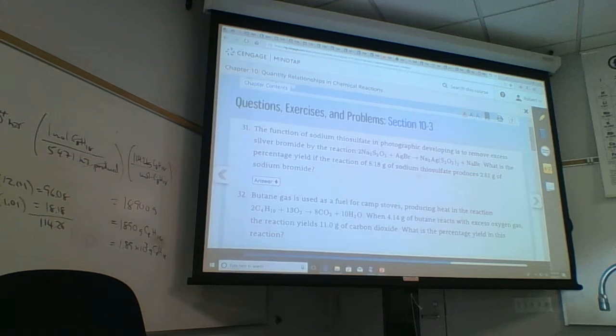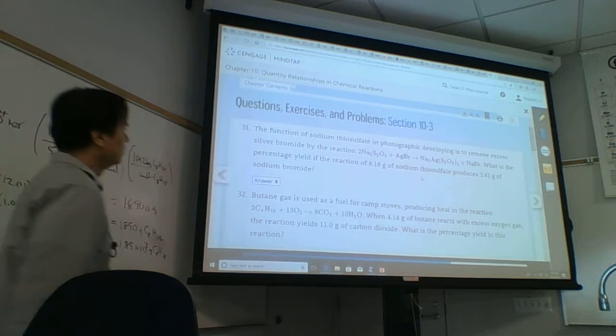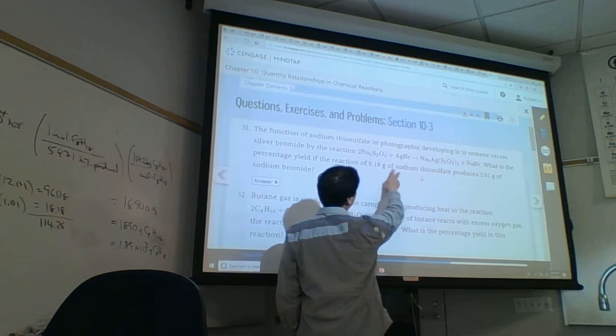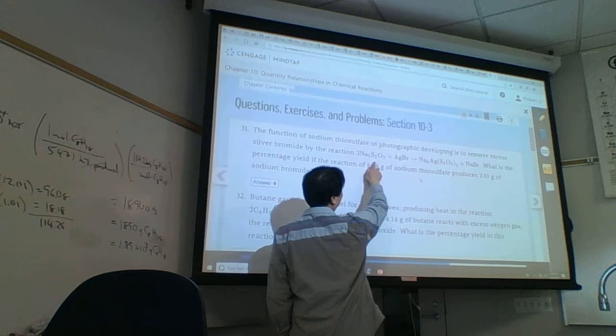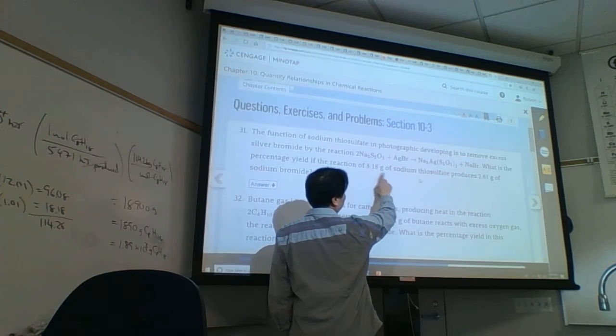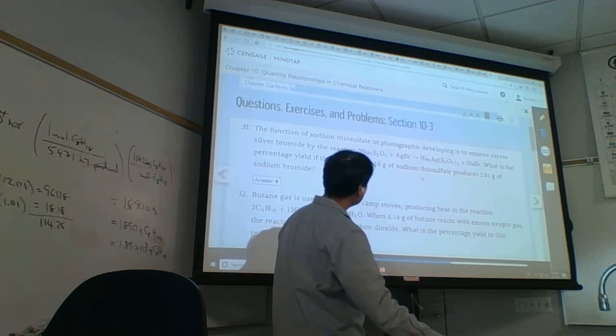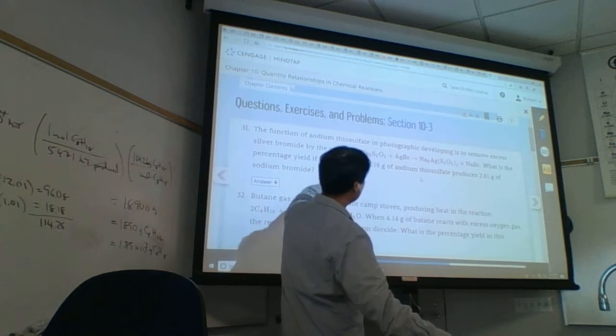Okay, then we have a percentage yield problem. What is the percentage yield? So we got to calculate the theoretical yield. And so 8.18 grams of sodium thiosulfate. This would be sodium thiosulfate here. We're going to produce 2.61 grams of sodium bromide. Okay, so this is the actual yield, 2.61.